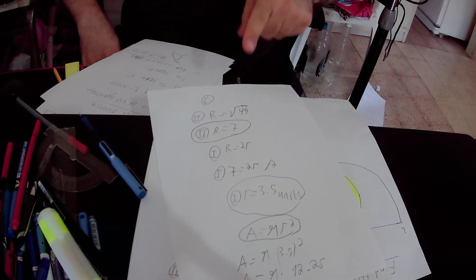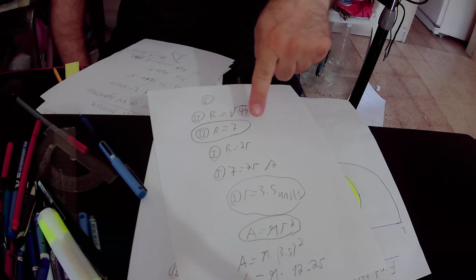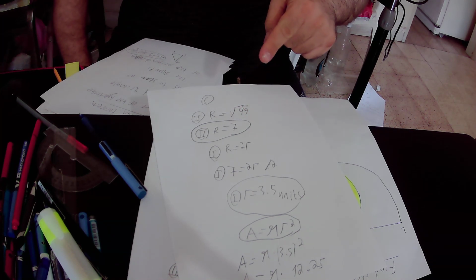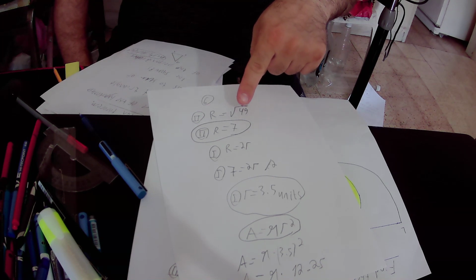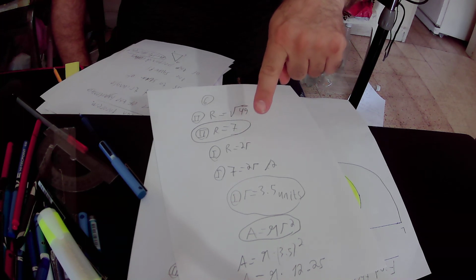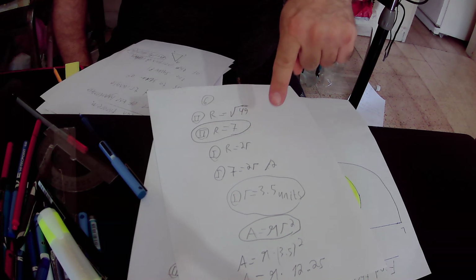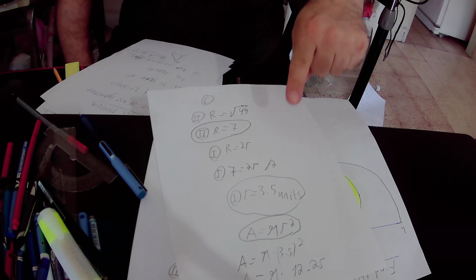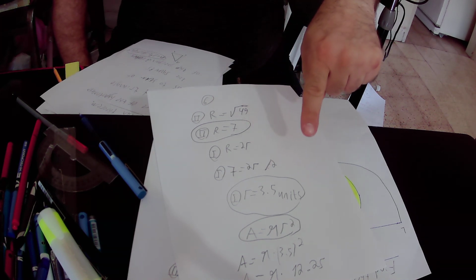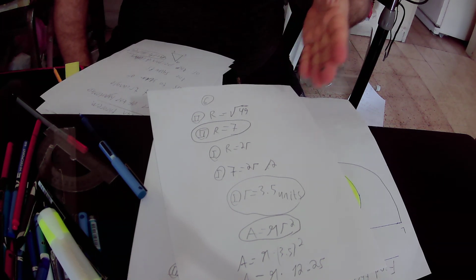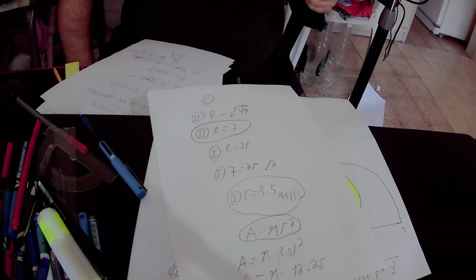But we know from equation 1 that capital R equals 2 times small r. So we can substitute capital R by 7, because capital R equals 7. So equation 1 states that 7 equals 2 times small r. We can divide the equation by 2, and we get that small r equals 3.5 units. That is the radius of the yellow circle.